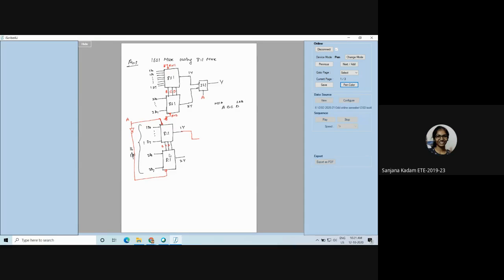OR gate, ma'am. Yes, you can use one OR gate. So this becomes my 16 inputs and this becomes my 1 output. I am playing with this enable pin, and I am able to work it out.